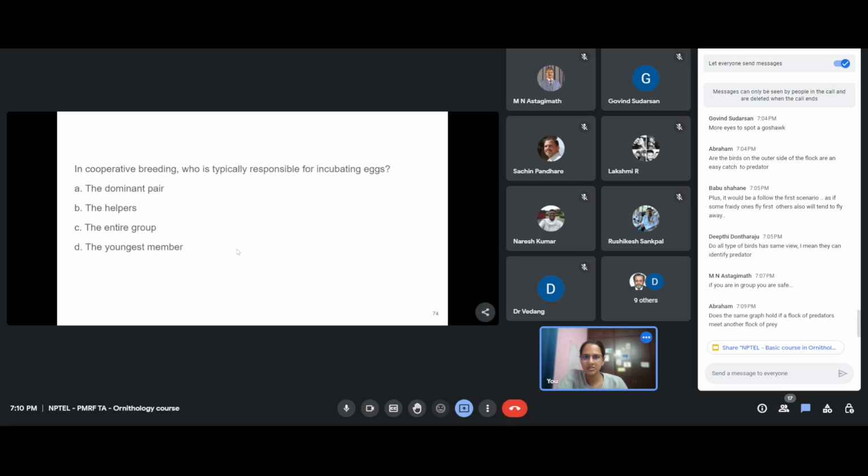Okay, so in cooperative breeding, who is typically responsible for incubating eggs? The dominant pair, the helpers, the entire group, or the youngest member? Typically responsible. Let me emphasize that.